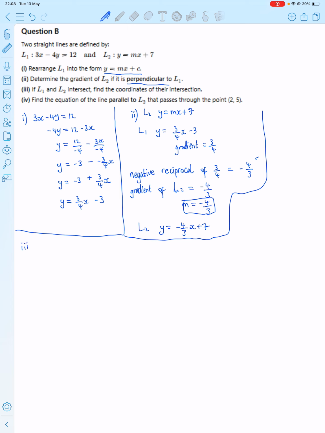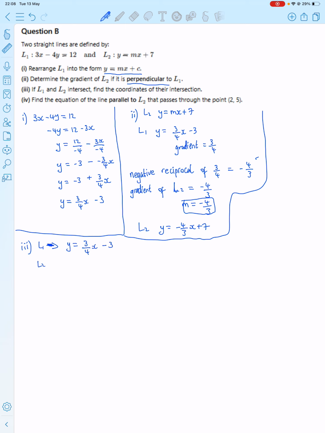Let's go to the third question. If L1 and L2 intersect, find the coordinates of their intersection. So we have L1, which is the equation y equals 3/4 x minus 3.